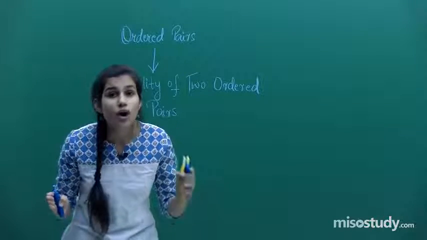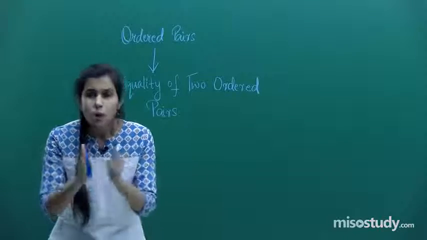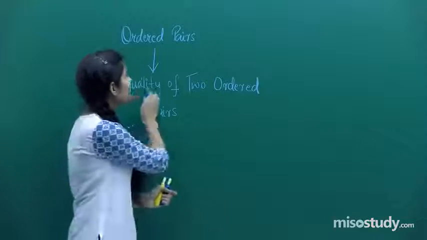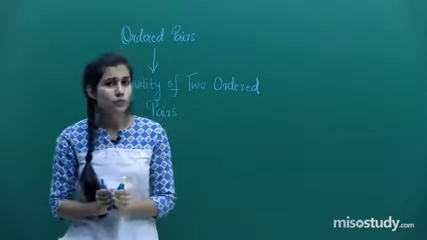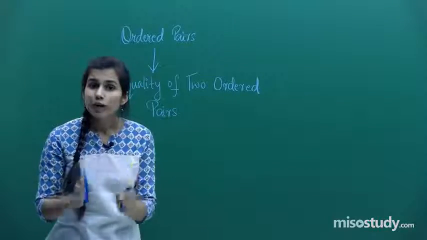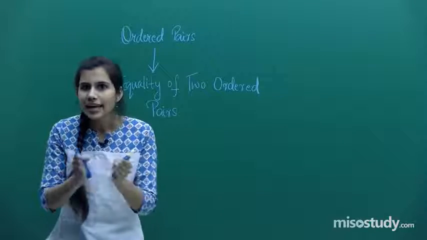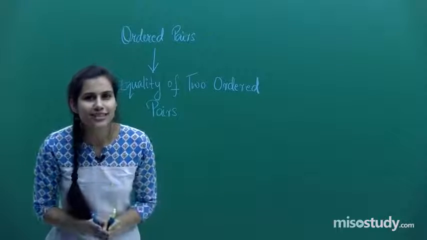Similarly for the second object. Once we understood the definition of equality of two arbitrary ordered pairs, we also dealt with a question wherein, by the concept of equality, we solved for the unknowns, the value of small a and the value of small b. Do you remember that? I'm sure you would.